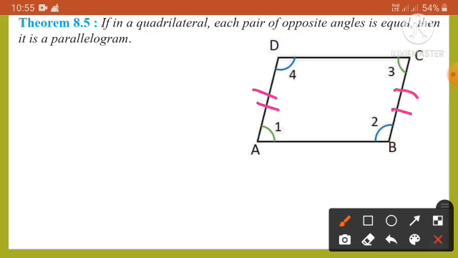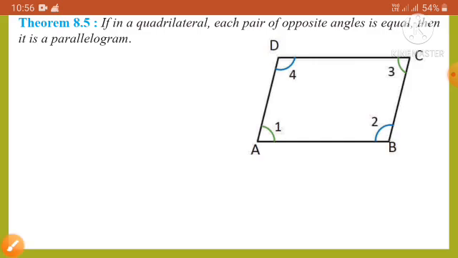And for lines AB and DC with AD transversal, angle 1 and angle 4 are interior angles on the same side of the transversal, and it is equal to 180 degree. Hence we can say that AB parallel to DC. Thus in ABCD both pairs of opposite sides are parallel, so we can easily say that ABCD is a parallelogram.